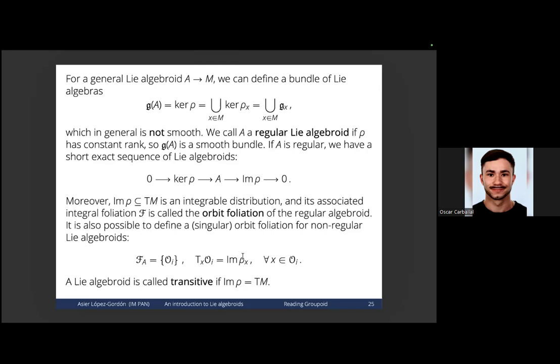But in the singular case, the other day I was reading the great book on Poisson geometry by Crainic, Fernandes and Loja, and they have an appendix on singular foliations.